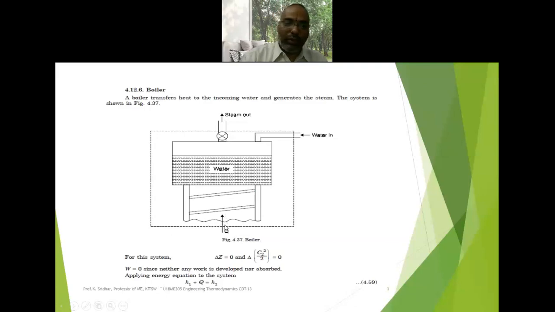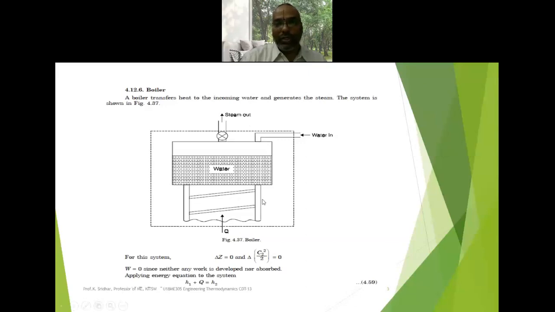I've already told you that the steady flow energy equation is H1 plus C1 square by 2 plus gZ1 plus delta Q is equivalent to H2 plus C2 square by 2 plus gZ2 plus delta W. Which parameters can be neglected while we are deriving it?